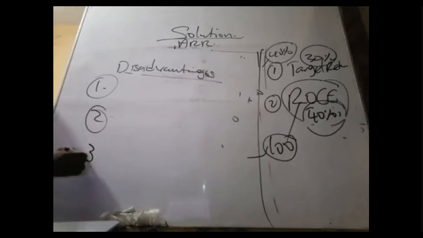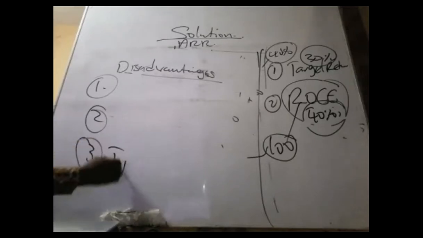Point number 3, tell the examiner that accounting rate of return ignores the timing of the accounting profit. It ignores what? The timing. So it ignores the time value of money.